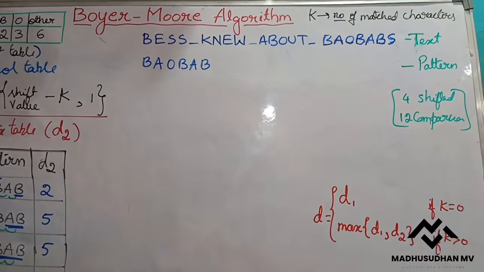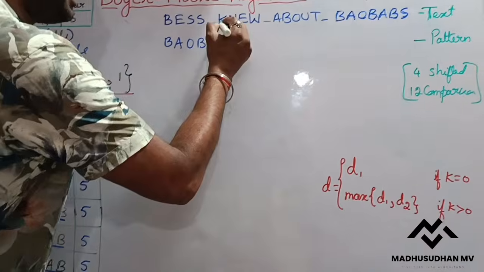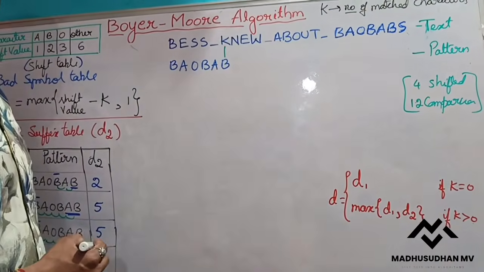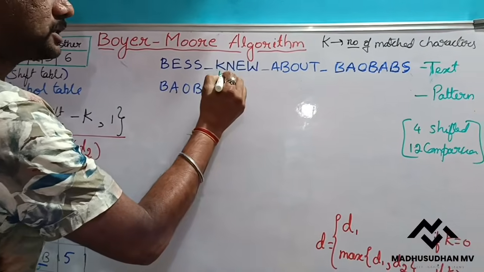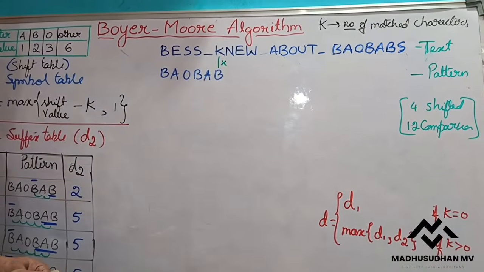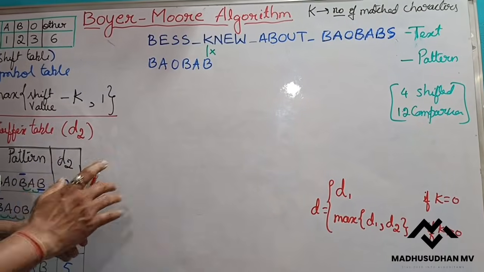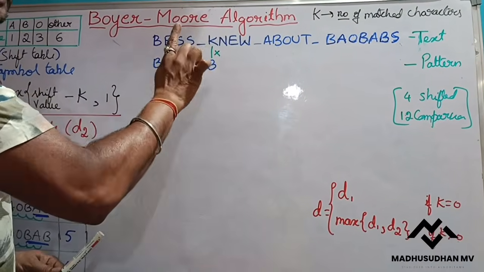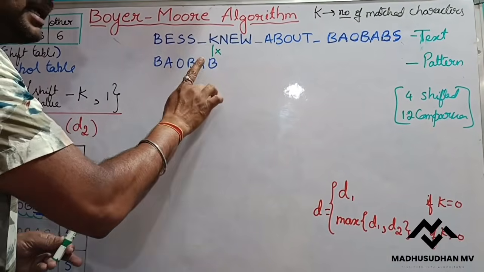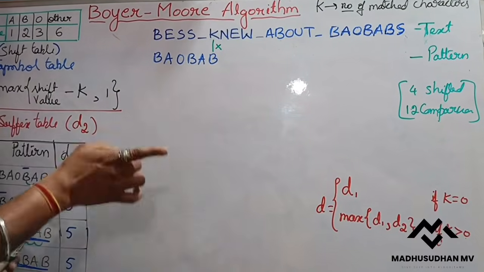Initially, same thing, fine. We started comparing from the last character. Now a mismatch occurs at the first position itself. That means k is equal to 0. That means we have not matched any of the characters. So the mismatch is at the first occurrence, no character has been matched. At that time what you have to do? Use D1. D1 is what?